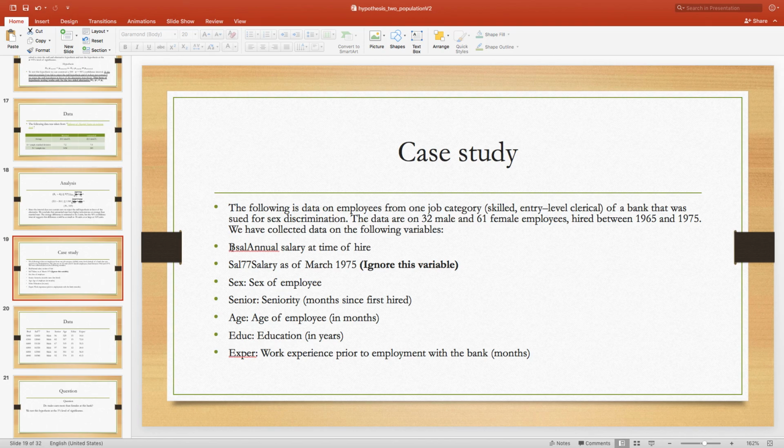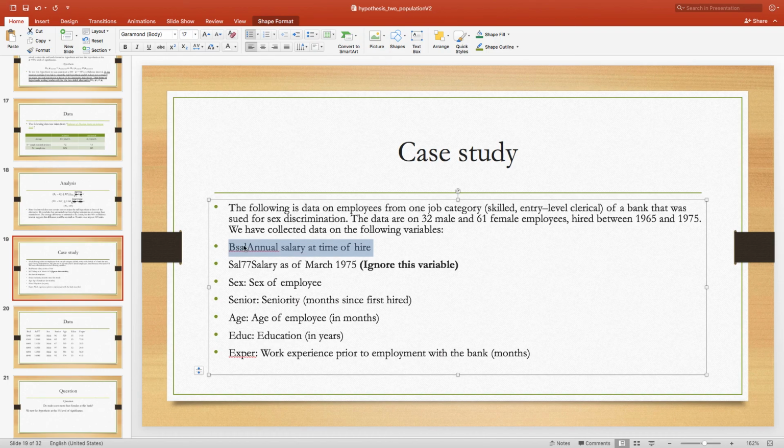We have all these variables, but the only ones I'm going to use are base salary, the salary at time of hire, and sex. My question is, does annual salary at time of hire, or starting salary, change based on the sex of the employee?